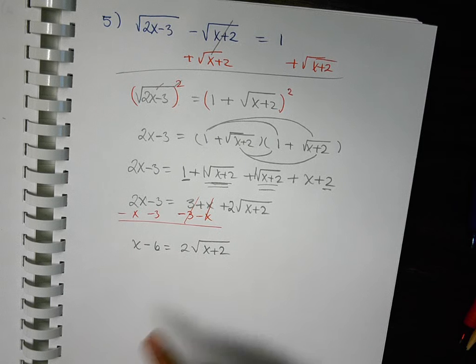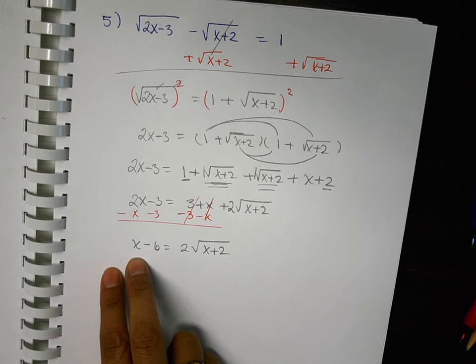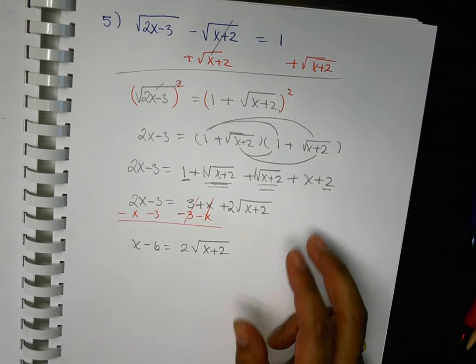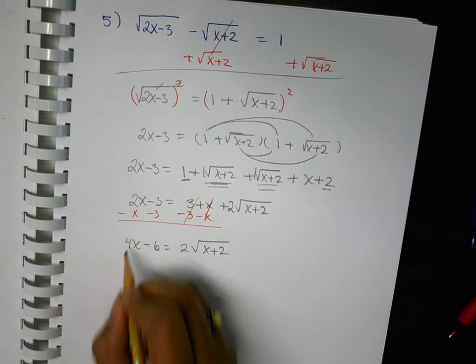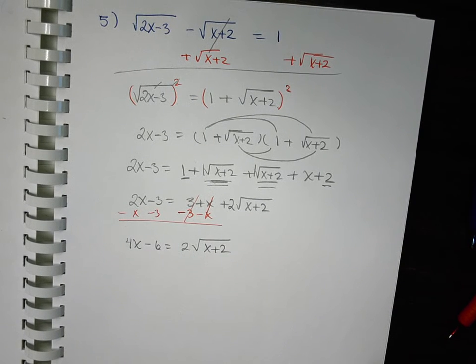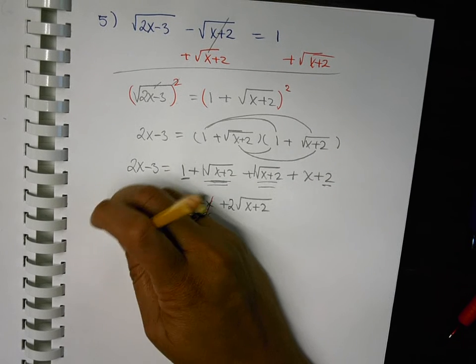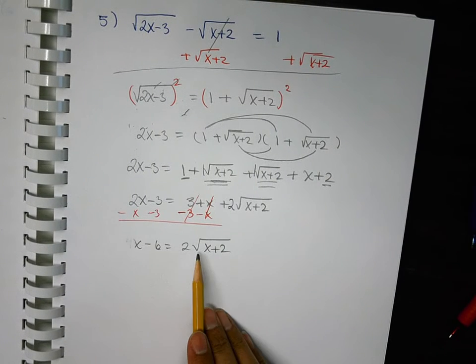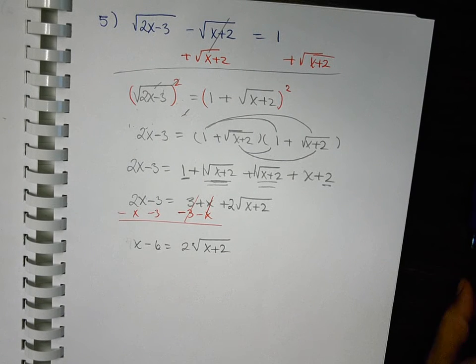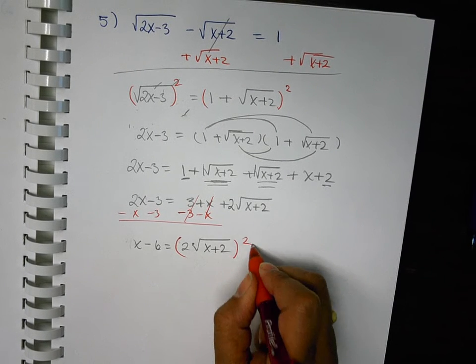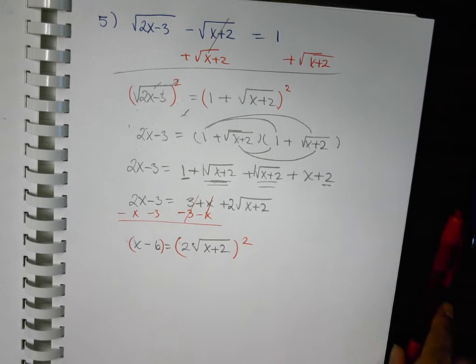Some kids divide it and then put it back over. Totally up to you. But do you agree? It would be easier if it was something like that and I could divide and reduce. But since it's not, I don't want to divide and have a fraction, so I'm going to leave this guy right here. Why can I do that? Because it is multiplication. So now when I square both sides, it's safe because it's not more than one term.